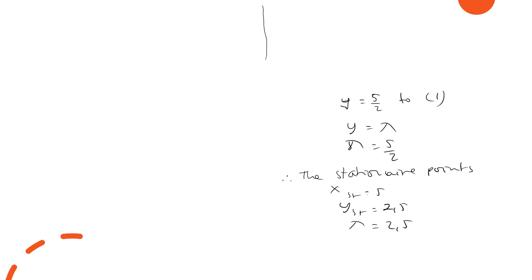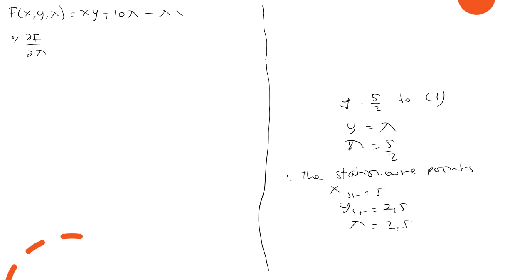Okay, next is the first derivative of f against lambda. Right, I will write down again xy minus 10 plus 10 lambda minus lambda x minus lambda 2y, or 2 lambda y.